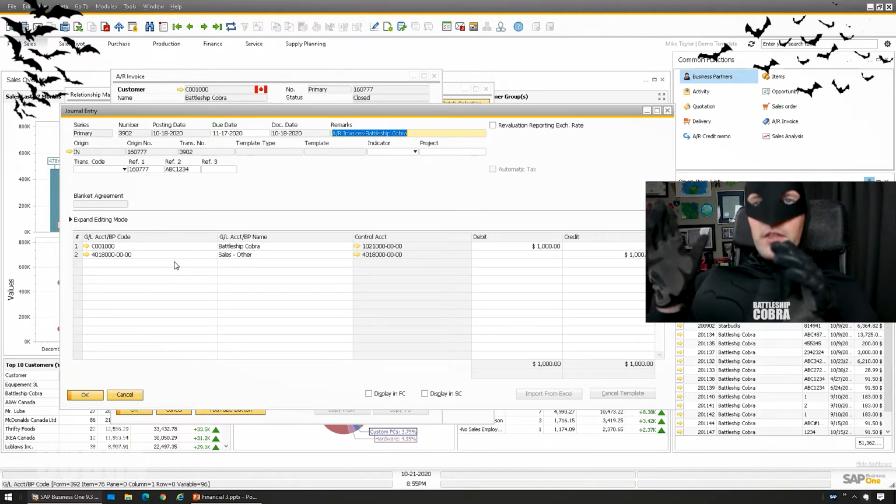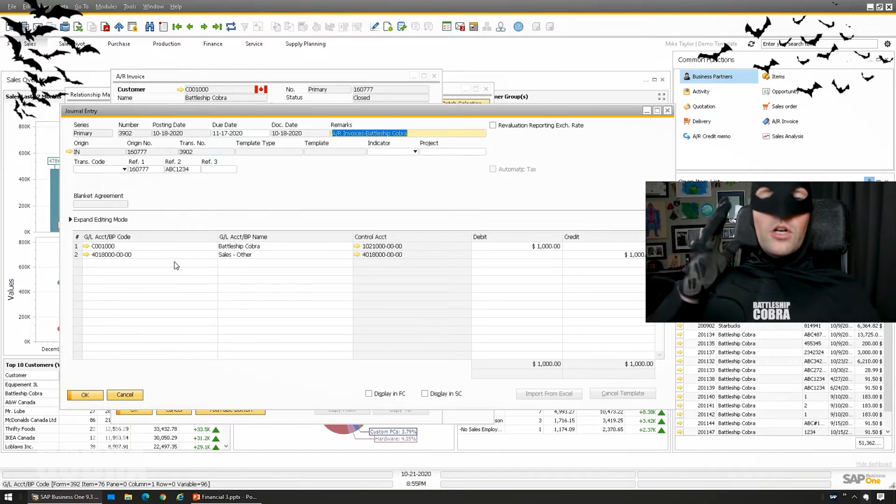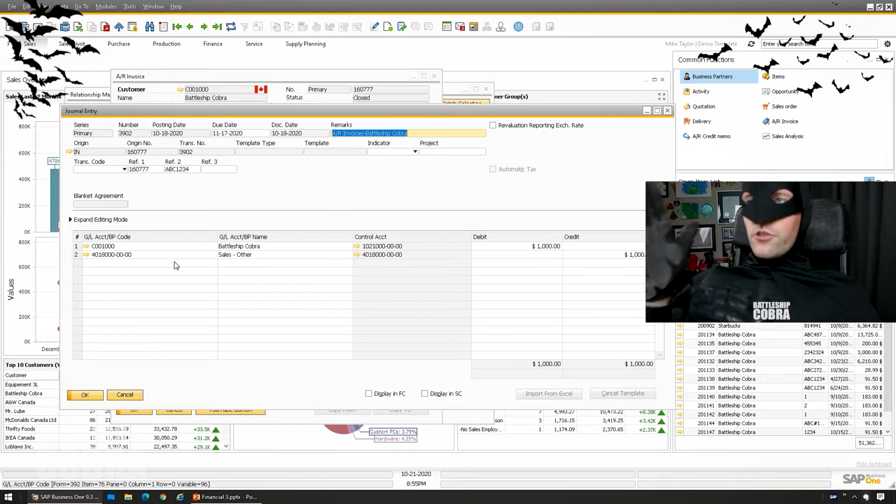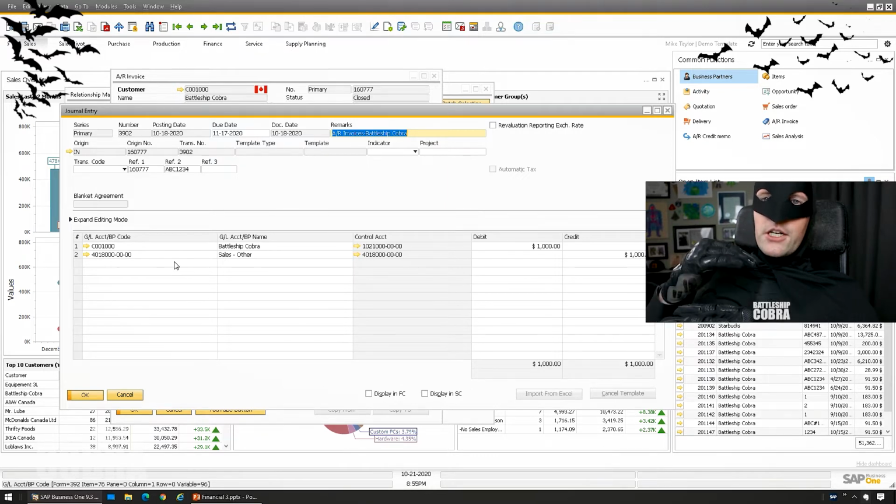So part of the GAAP, generally accepted accounting principles, those principles is you have to match your cost of your sale to the same time period as the sales revenue. In order to properly account for things, you should have that COGS transaction and your revenue transaction in the same period. So that's what you will have here.